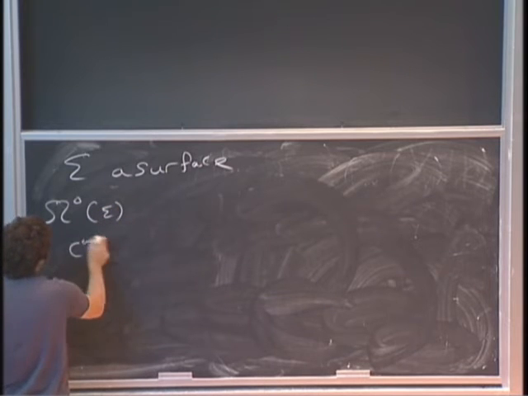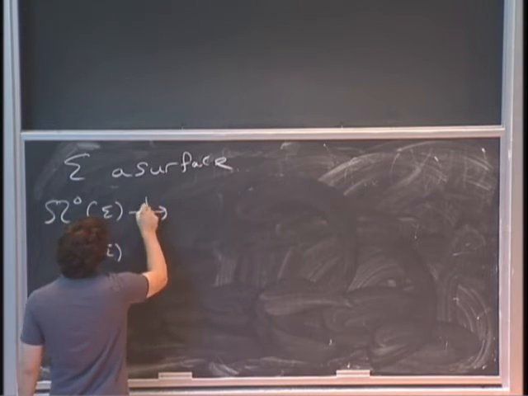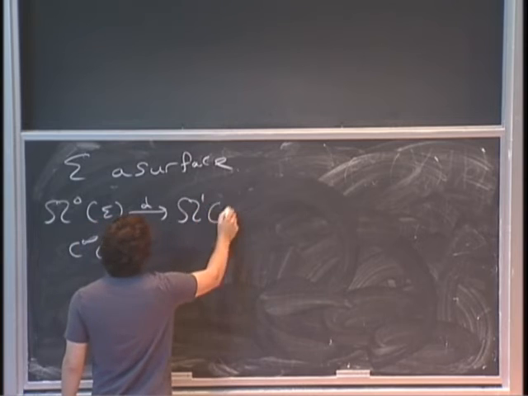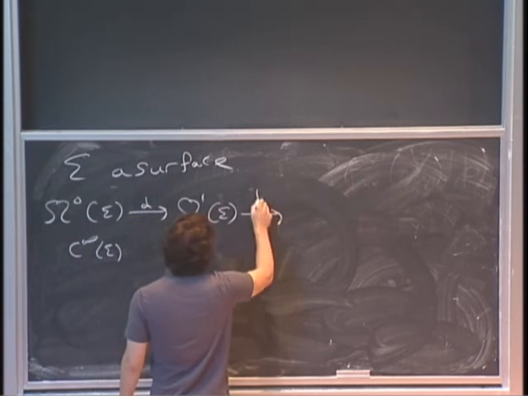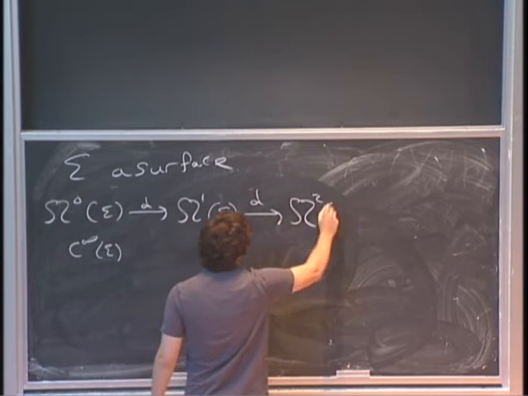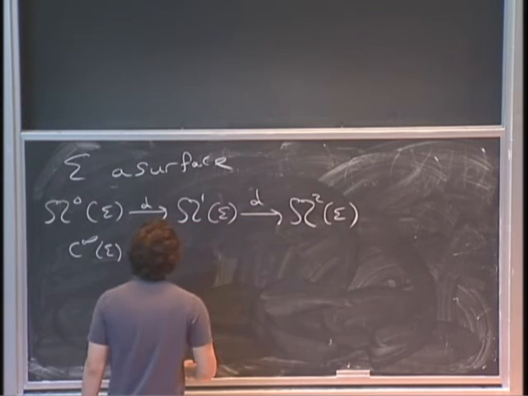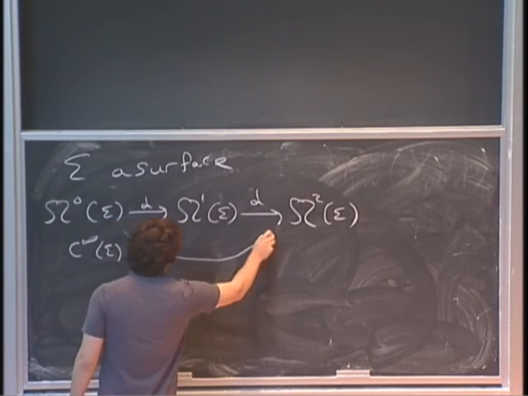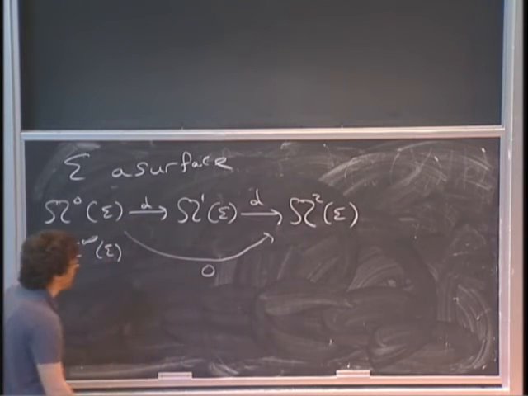This is the C infinity functions. Then we have the differential to the 1-forms, and then we have the next derivative to the 2-forms. And the point is, if we take the composition, this is 0, which again we checked.